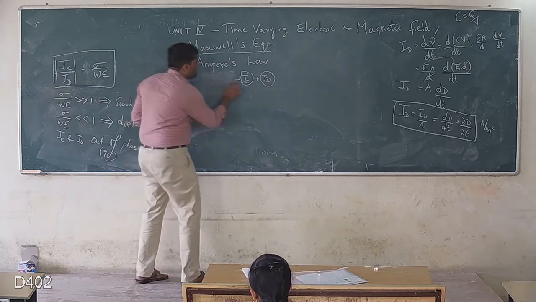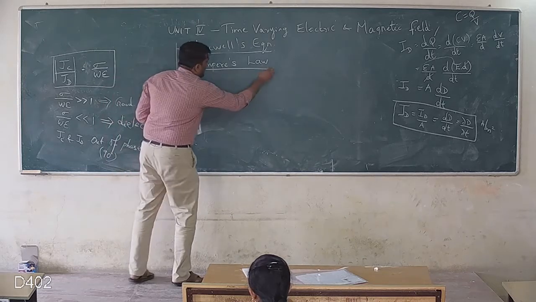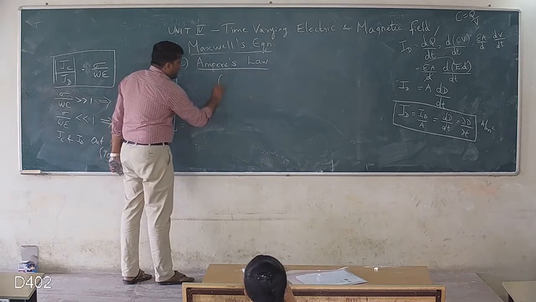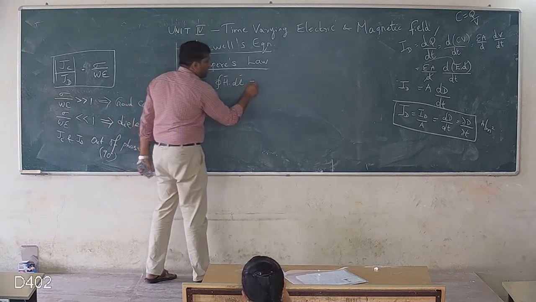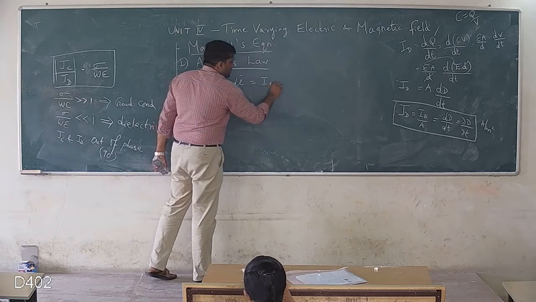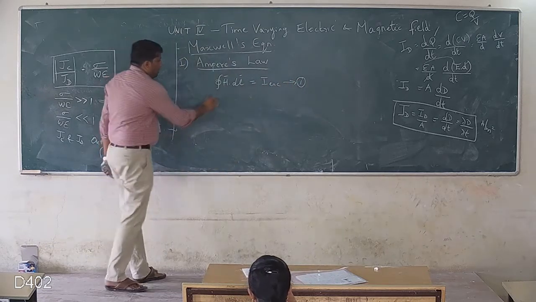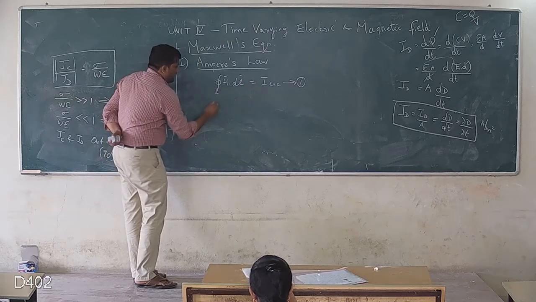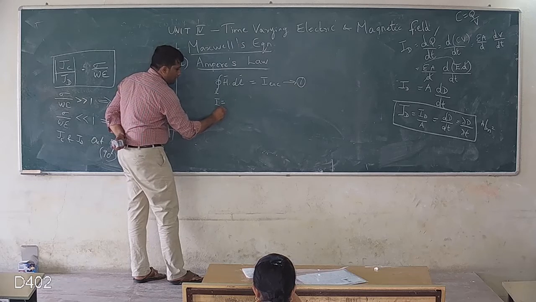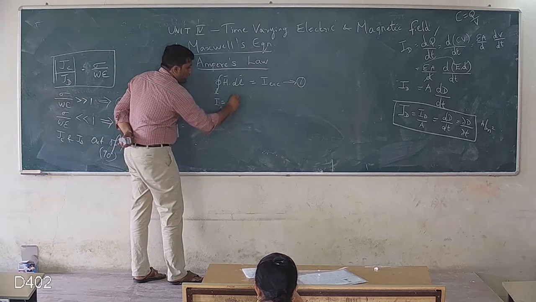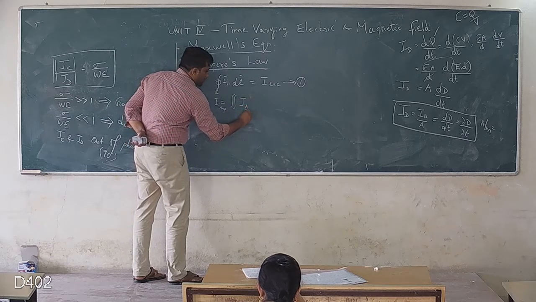To be specific, let me start with Ampere's law. What is Ampere's law? Integral H dot dl is equal to I enclosed. This is the Maxwell Ampere's law equation. If I write the current value, I is equal to, in terms of ampere, double integral J, J is current density, ampere per meter square, into ds.